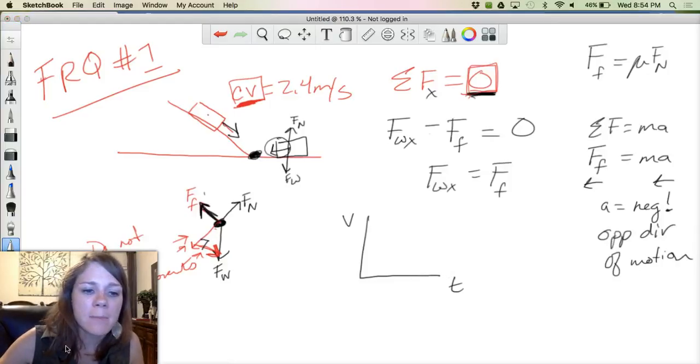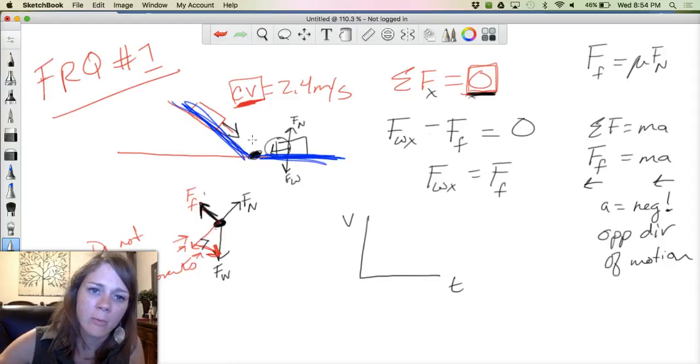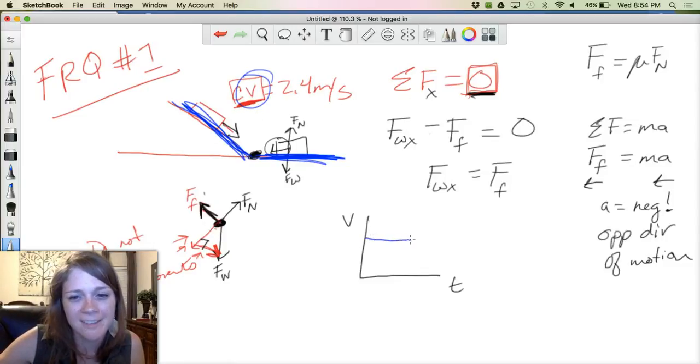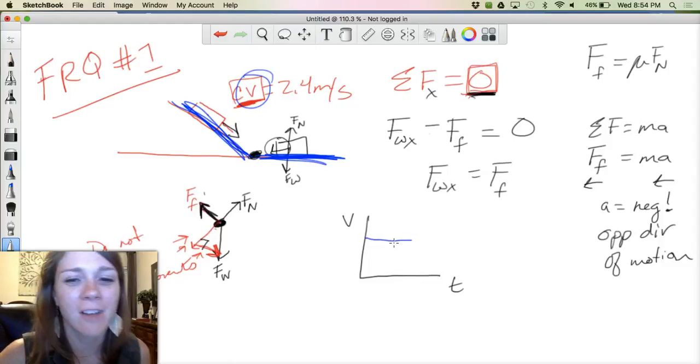So they want me to figure out the velocity time graph as the sled slides down the ramp and goes on the horizontal ground. So what type of motion did it have on the ramp? Constant velocity. What does a velocity time graph look like for constant velocity? Constant, not changing, right?